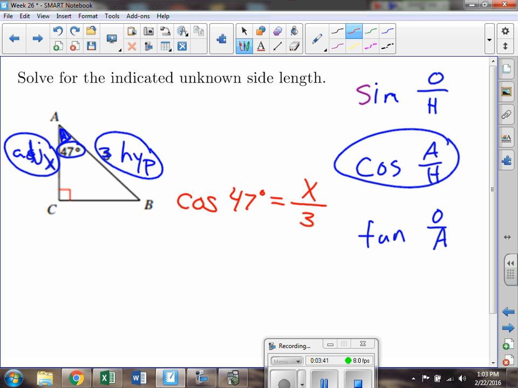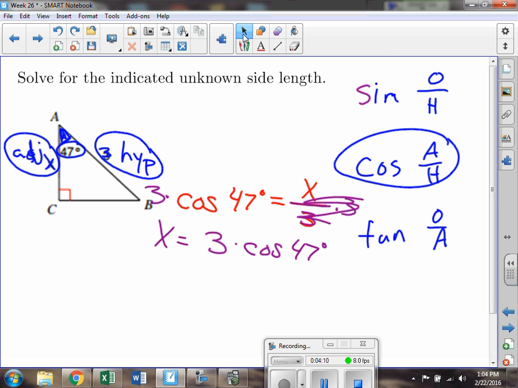So what would we have to do to get x completely by itself? To get rid of divide by 3, we'd have to multiply by 3. So that cancels, and we get exactly what we need. X is equal to 3 multiplied by the cosine of 47 degrees. Put that in your calculator and you're done.